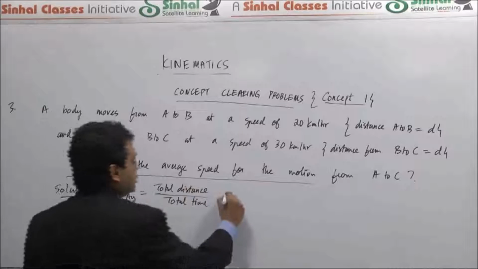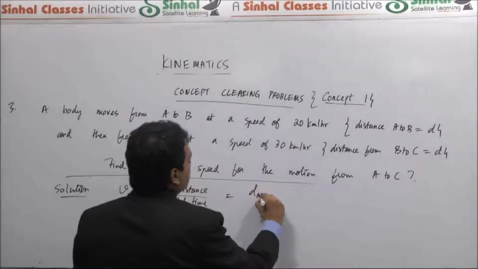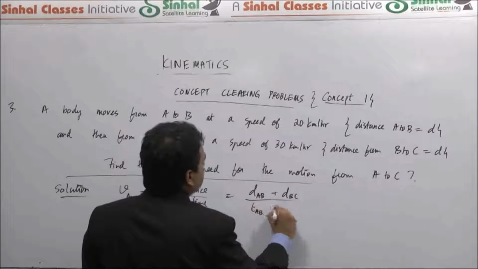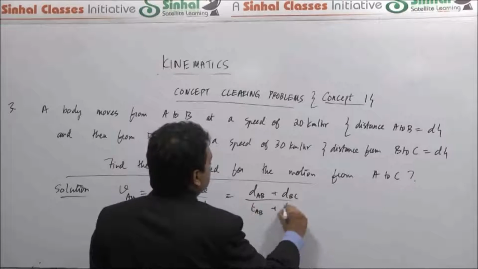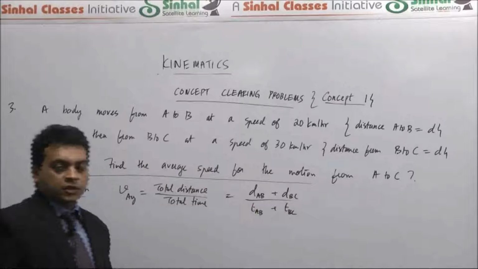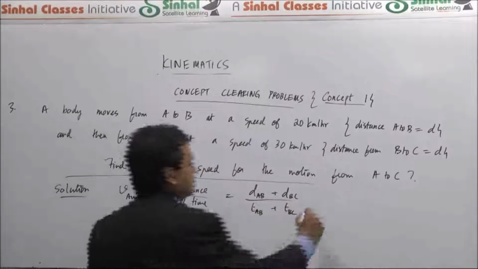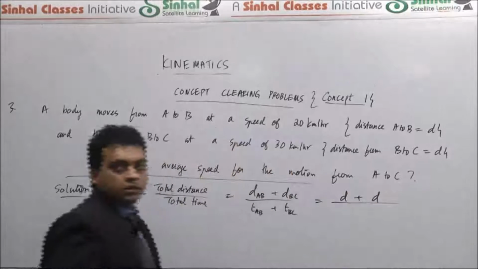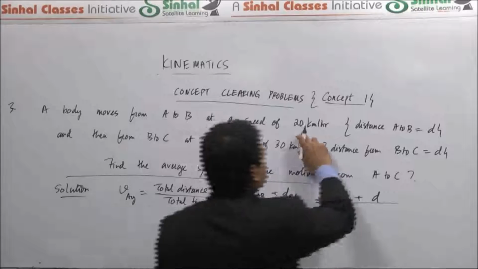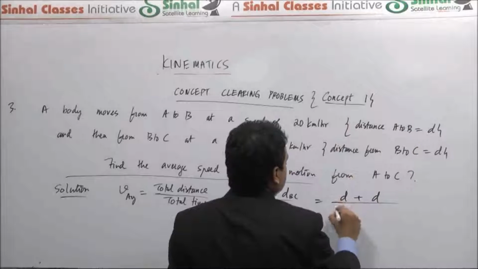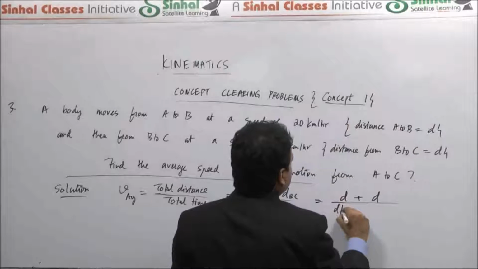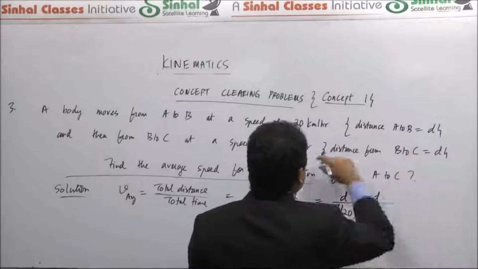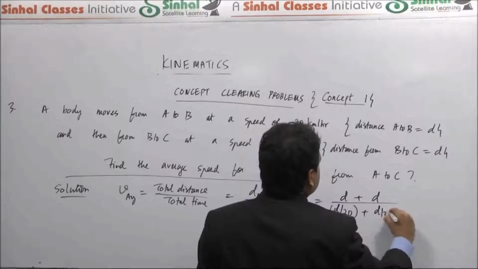So that will be the distance from A to B plus the distance from B to C divided by the time from A to B plus the time from B to C. Now the distance from A to B is equal to the distance from B to C, which is equal to D. And A to B is happening at a speed of 20. So the time will be D divided by 20 for A to B, and similarly B to C it will be D divided by 30.